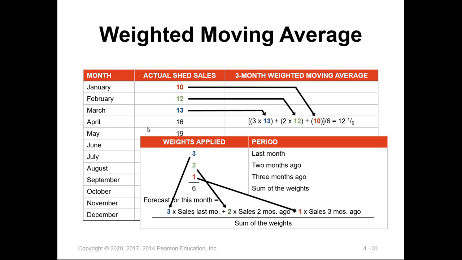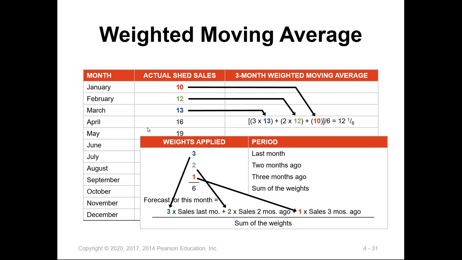In the same example that was addressed before, if we assume that weights apply to this type of data, and that recent months will have the most weight, which is the weight of 3, while the one before will have the weight of 2, and the one before will have weight of 1. Then the summation of the weights will be 6.